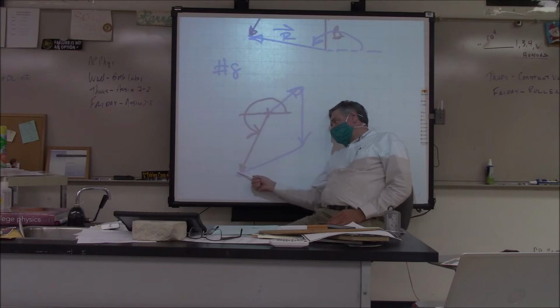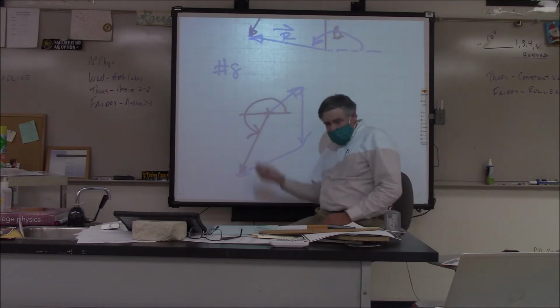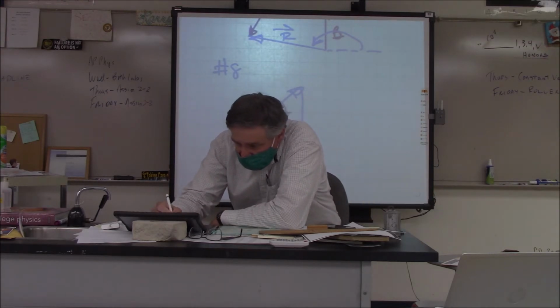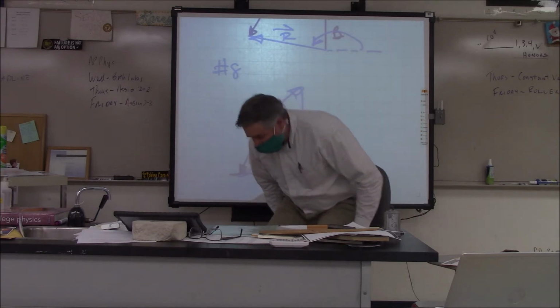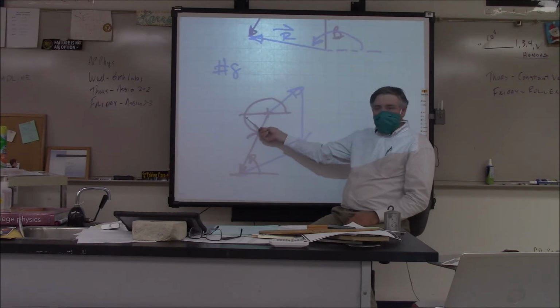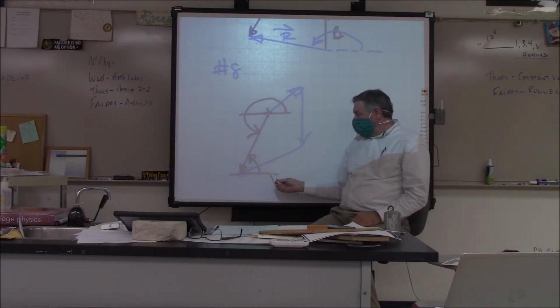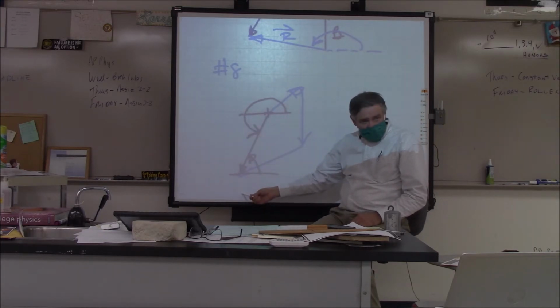You're going to start here, and it's going to go up in this direction. If that's the case, then you're going to measure this angle like this. For one, the angle has to be more than 180 but less than 270. For the other, it's got to be more than 0 but less than 90.